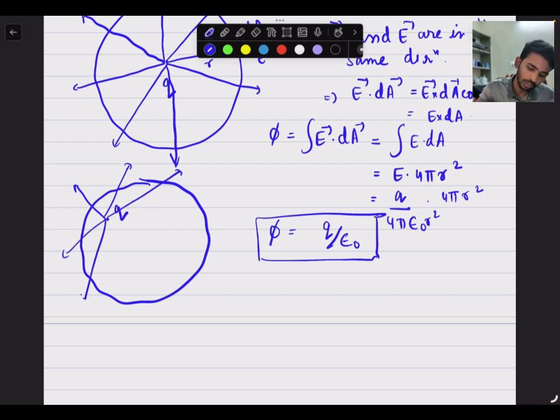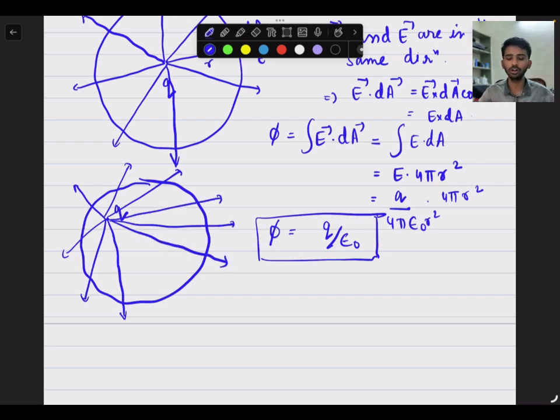So in the previous case, the thing which simplified our integral was that the electric field lines and the surface area at that point were perpendicular, which makes the dot product a simple multiplication, and that made our whole job easier.